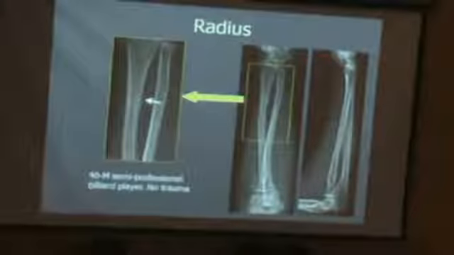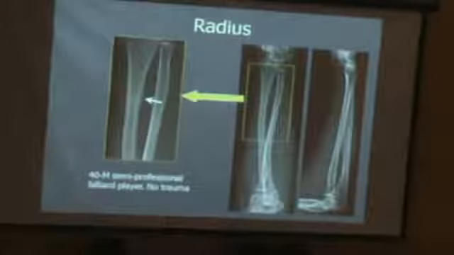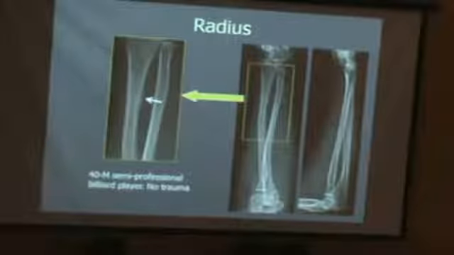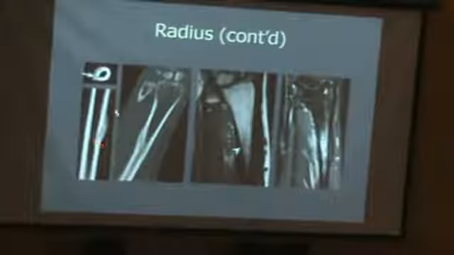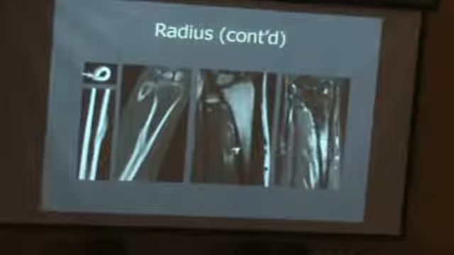And what you can see here is a very subtle, maybe periosteal reaction, you see it here on the spot, but very subtle. It's not really that visible. There is no line of fracture at all, and I don't see any line. And the patient was in pain, so we turned, of course, to the CT scan, and very surprisingly, we see that there is a very thick periosteal reaction.